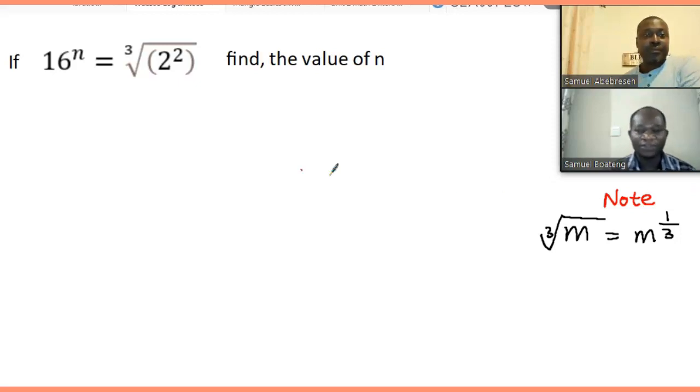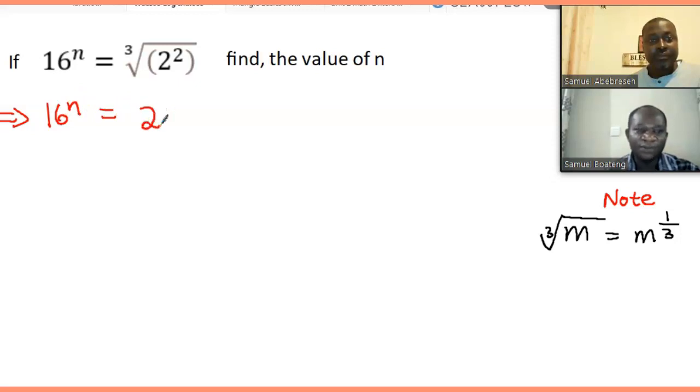So let's go back to the question. So on the left-hand side, this implies that we have 16 to the power n is equal to, so we can rewrite the right-hand side as 2 raised to the power 2 in bracket all raised to the power 1/3.